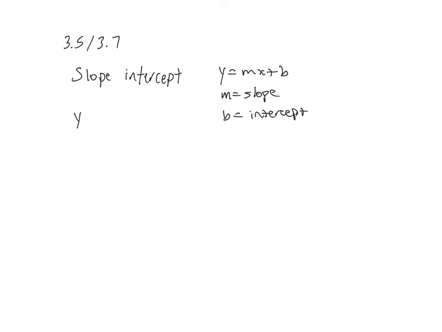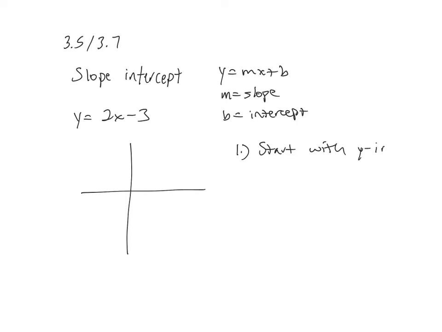So when you go to graph the line, start with the y-intercept. So on the y-axis, I go to -3. Then I'm going to do the slope from the y-intercept.